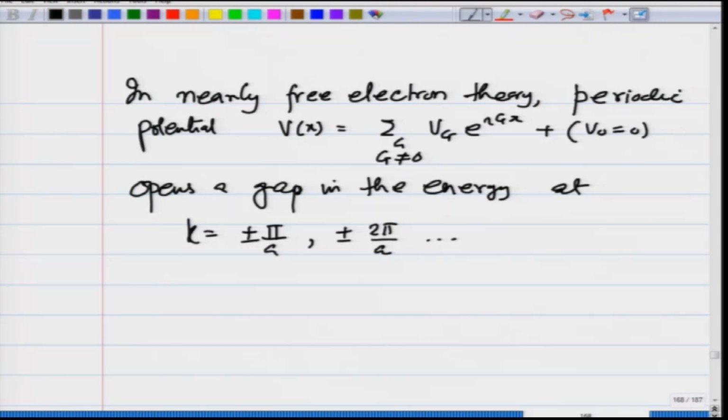So, now the energy eigenvalues are no longer continuous, they are discontinuous at Brillouin zone boundaries.